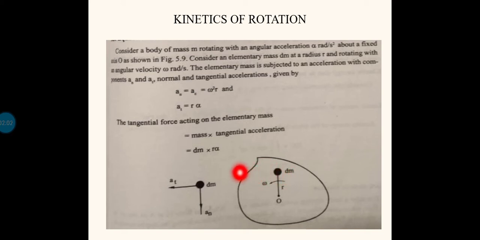So the acceleration along the tangential direction is marked with a suffix t, and the component of acceleration along the normal direction is written as an, or either an or ac. We use c since the normal will always pass through the center. Sometimes it is also called centripetal acceleration.